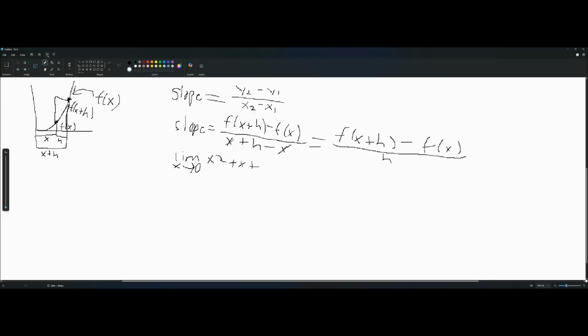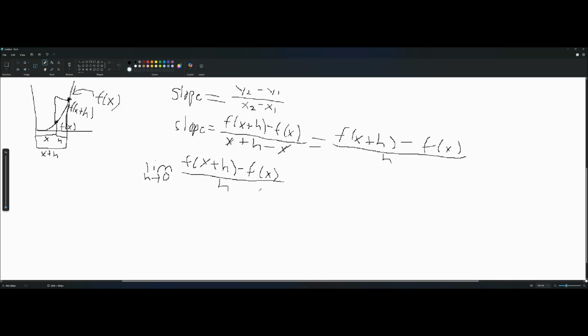And so, what we can say is that a derivative is the limit, right? The limit as h approaches 0 of f of x plus h minus f of x over h, right?